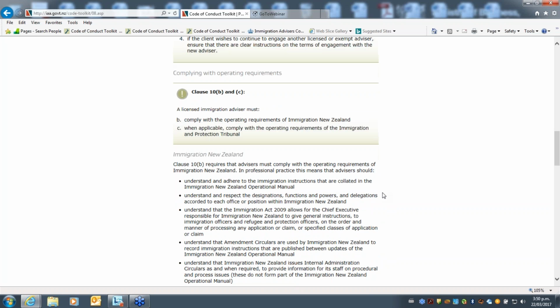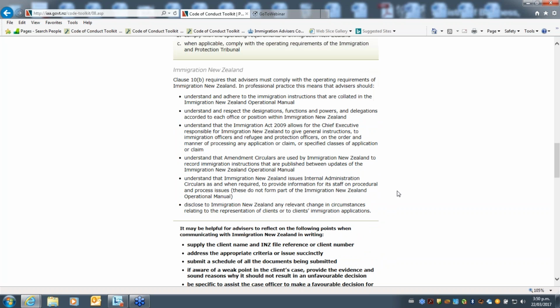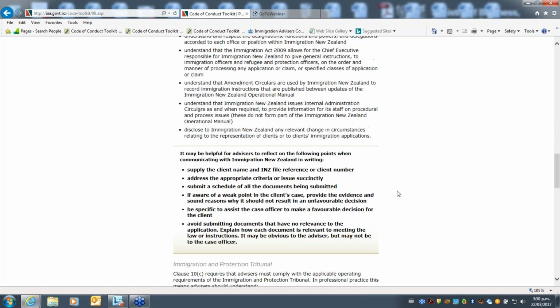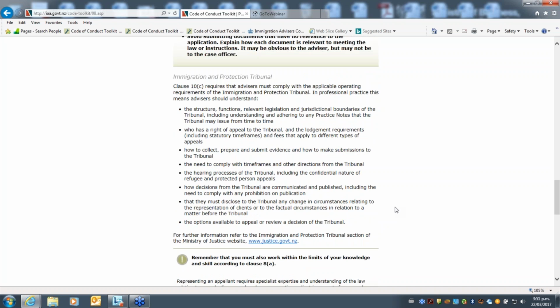And we've got a little bit of additional information here for you. We've also got some tips around communicating with Immigration New Zealand that you might like to come back to, and also some of the requirements that advisors should be aware of when dealing with the IPT.